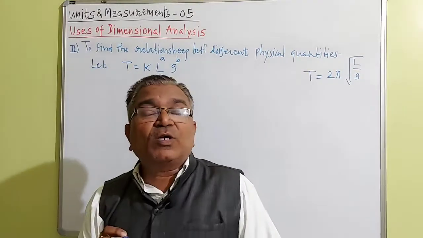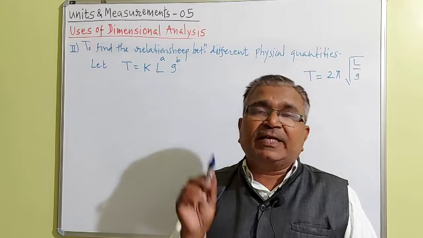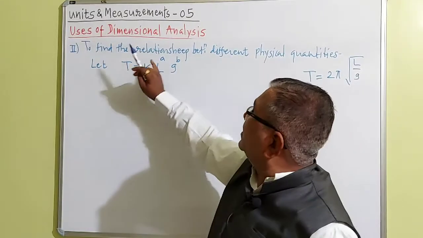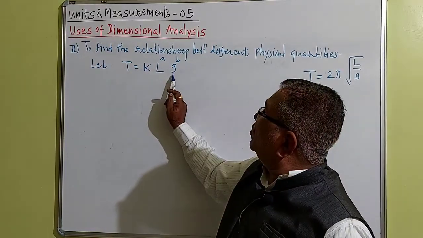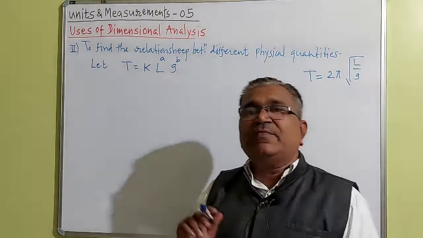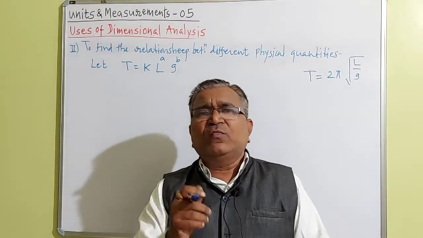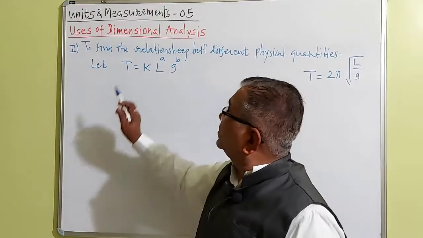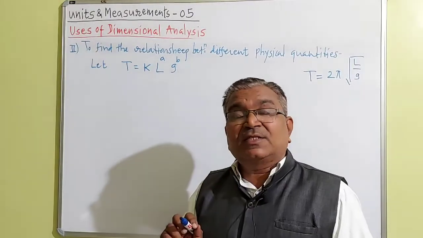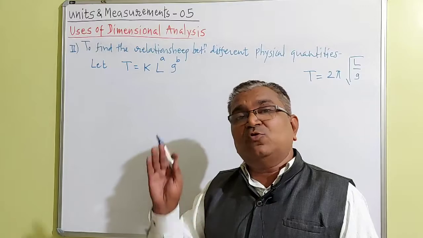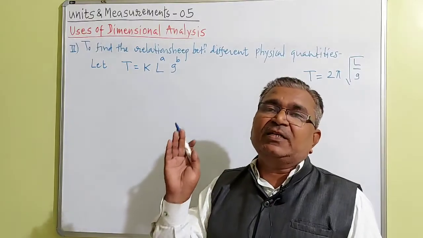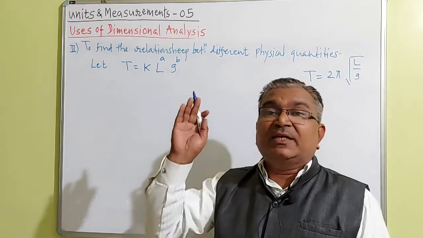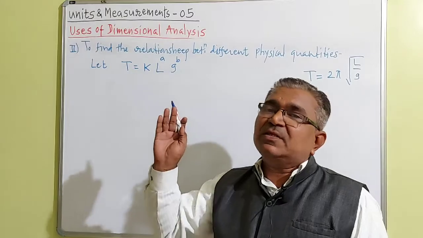We don't know what is the power of the length of the pendulum. Suppose that power is A. We don't know what is the power of acceleration due to gravity. That power is suppose B. We don't know the value of the constant term. Suppose it is K.